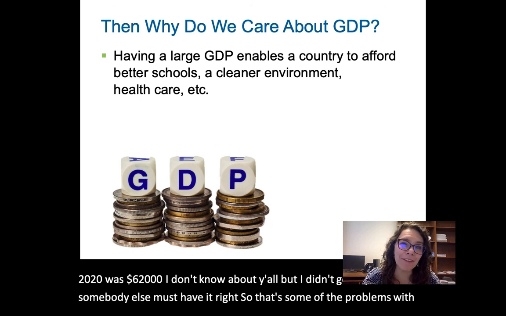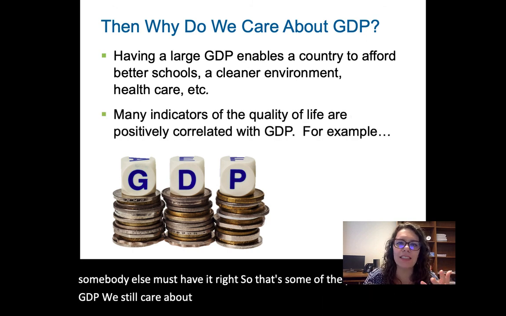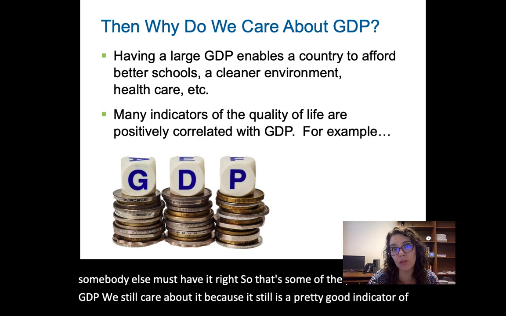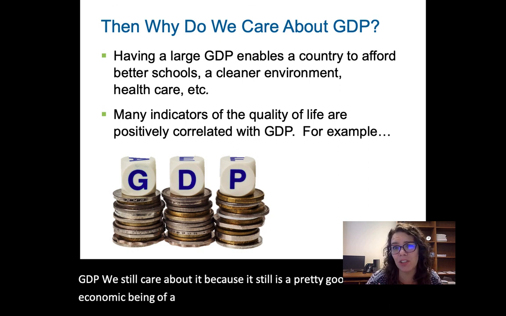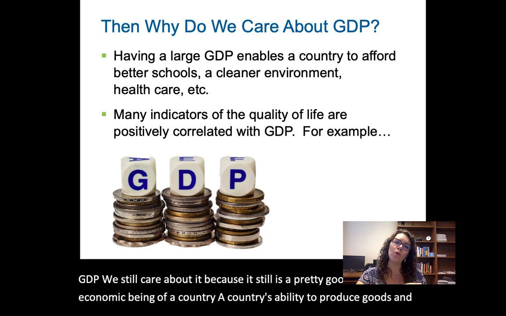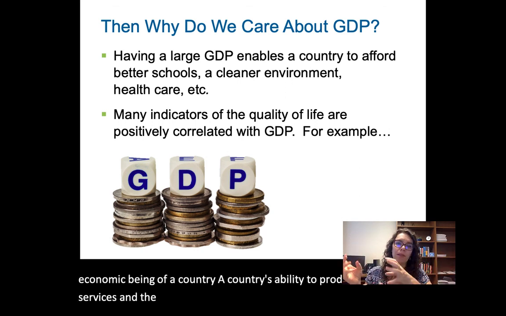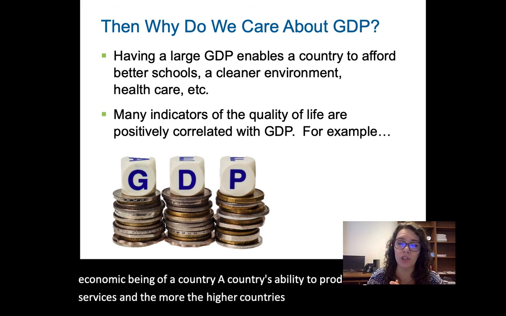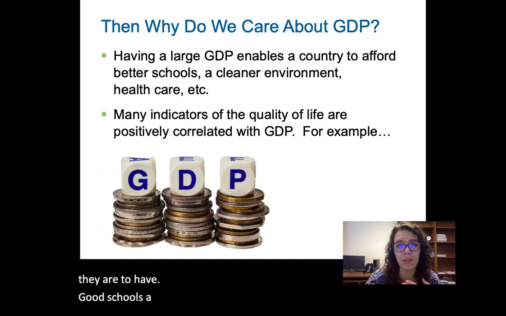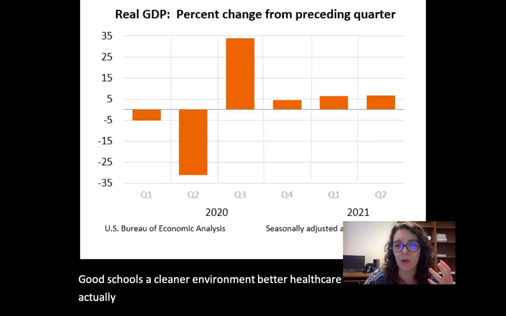We still care about it because it is still a pretty good indicator of the economic well-being of a country's ability to produce goods and services, and the higher a country's GDP, the more likely they are to have good schools, a cleaner environment, better health care, etc. GDP is actually linked with really positive qualities of life.